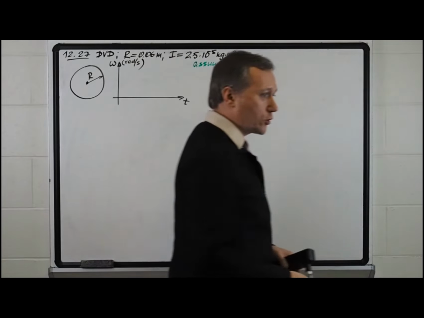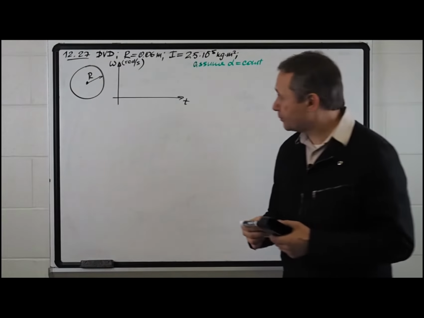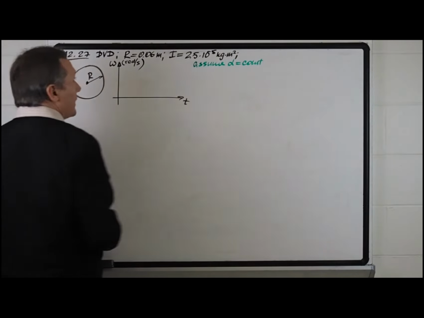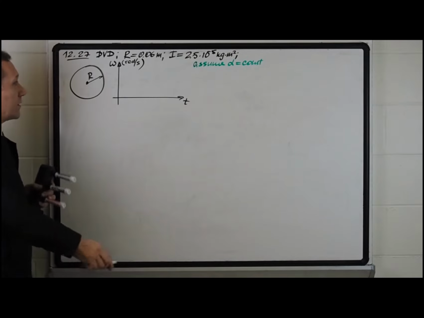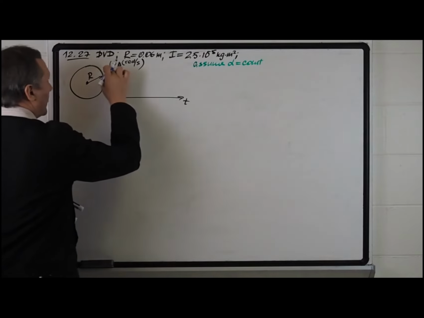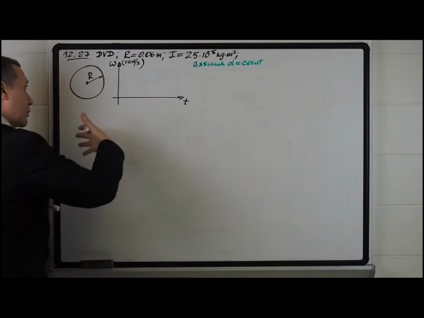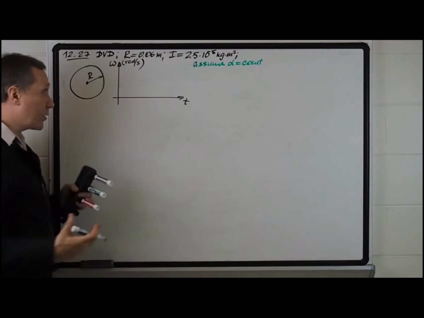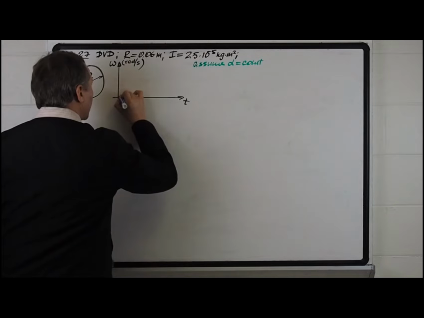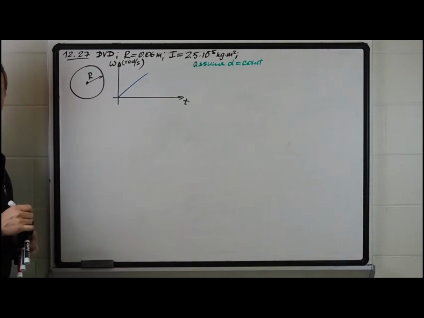And actually it is true in the computer. So if the angular acceleration is constant, it means that angular velocity is going to increase at a constant rate, and we can represent it with a straight line.